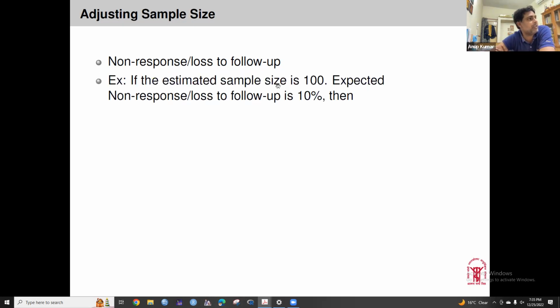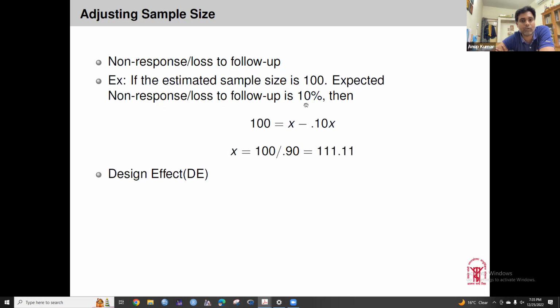If the estimated sample size is 100, then expected non-response loss to follow-up is 10. Okay, so simply हमें last में 100 चाहिए, तो we have to start with x. हमको कम से कम x से start करना है, such that x minus loss to follow-up is 10% of x, and when we solve this for x, we are going to get 112. तो कम से कम 112 लोगों से हमको शुरू करना चाहिए. So this is one way of adjusting the sample size.